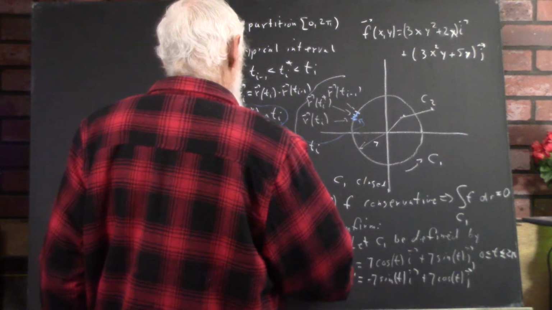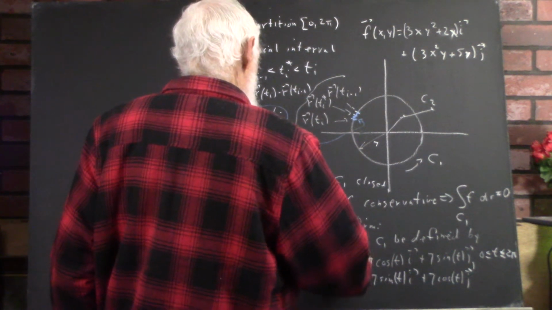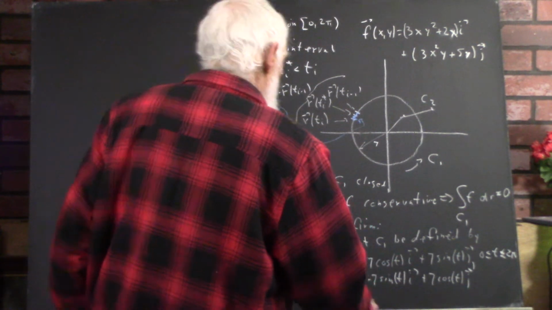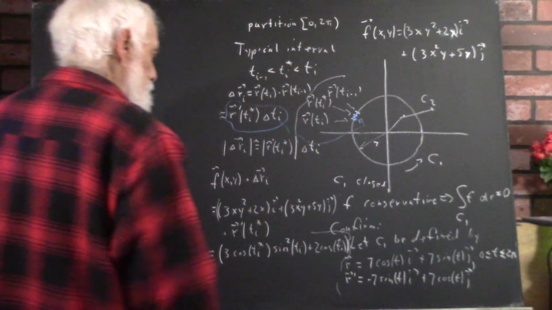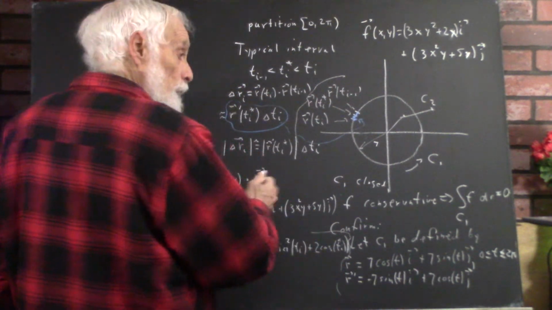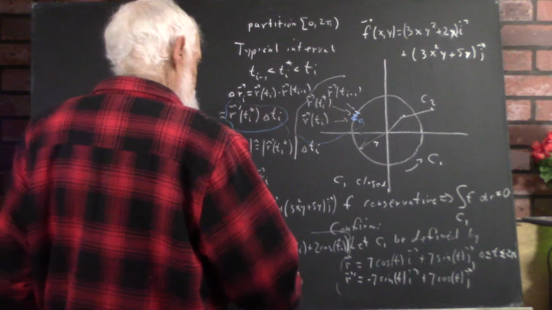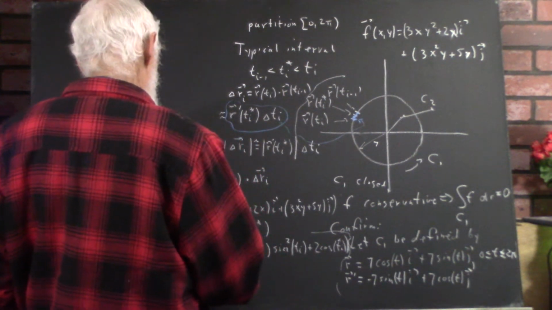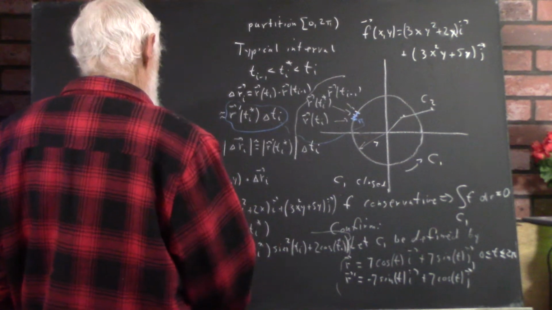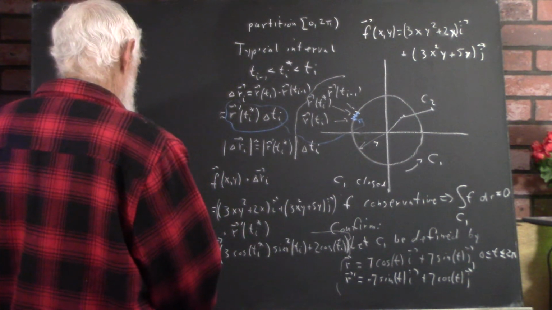Plus 2 cosine of t_i star, in parenthesis, and then it's going to be, that's times i, oh boy, I better put the i out in front here. Okay, then I'm going to move over a little bit because I know it's going to get long.